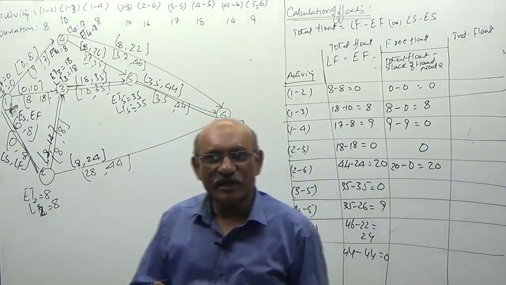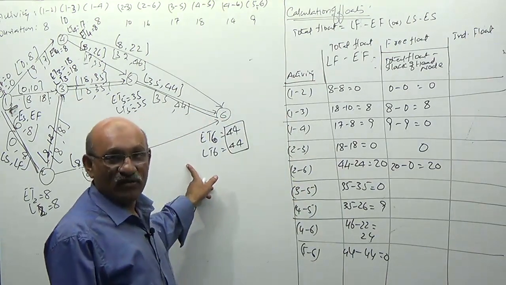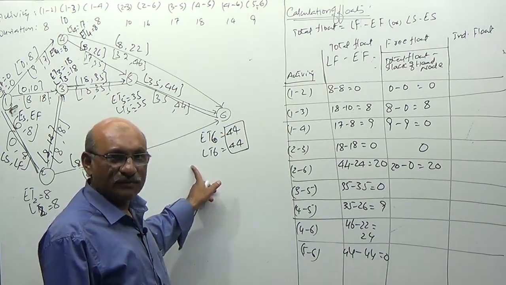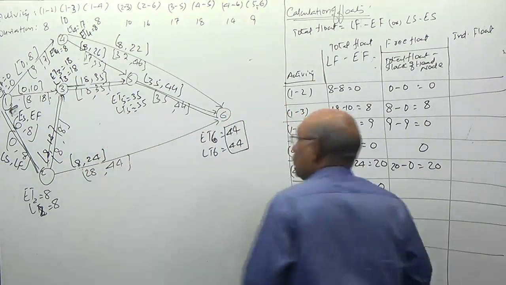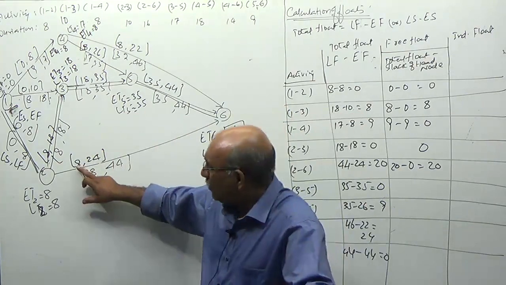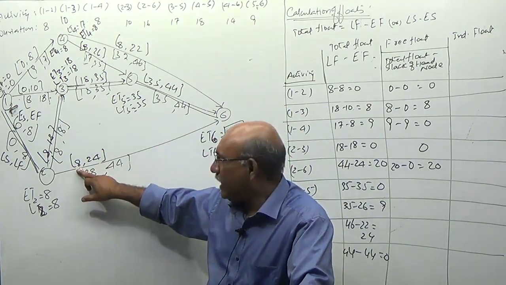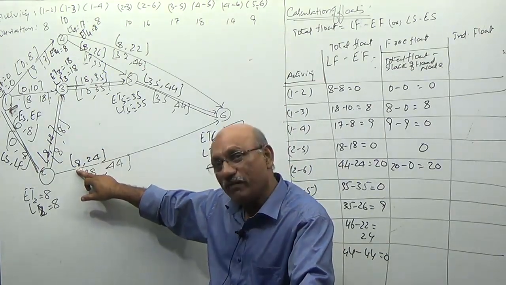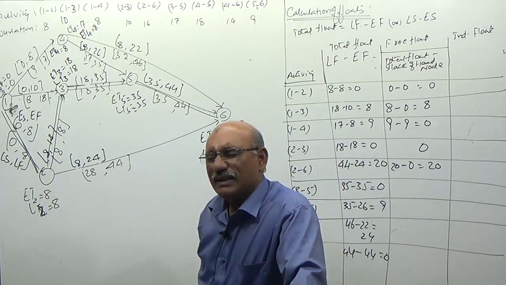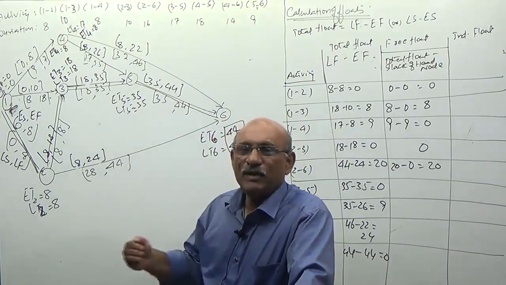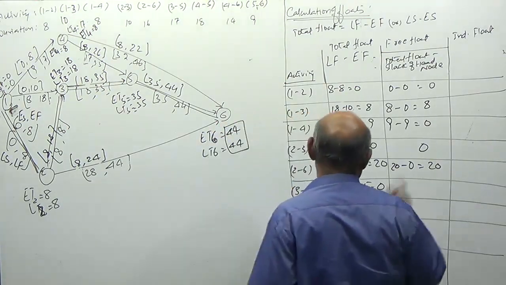Will it delay the project completion time? No, because this is the last activity, and after this there is no other activity. Therefore, for activity 2-6, even though you are starting on the 8th day, you can delay its completion by 20 days without delaying the completion time of the project. So this is equal to 20.